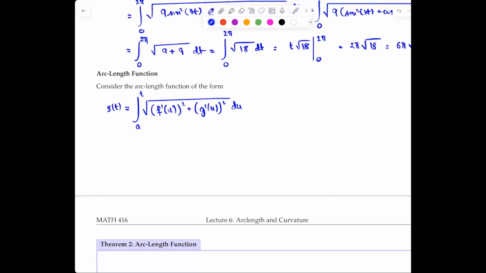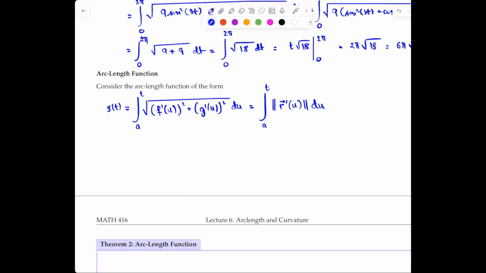It's the same thing, and you agree with that. So now the formula becomes the integral from a to t of the length of the tangent vector du. Sorry, u in this case. The variable we are dealing with is u. So still this is the arc length function.